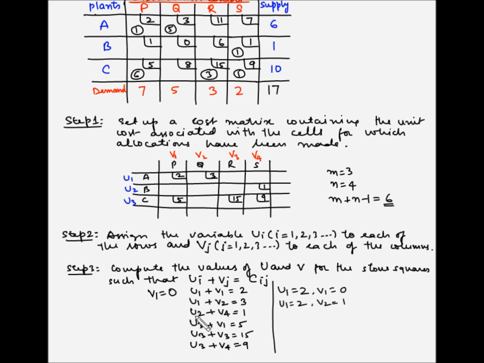Now for the equation u2 plus v4 equals to 1, we don't know the value of either of these two variables, so we'll skip this for now. The next equation is u3 plus v1 equals to 5. v1 is already 0, so u3 equals to 5. For the next equation, u3 plus v3 is equal to 15, u3 is equal to 5. So v3 is equal to 15 minus 5, which is 10.